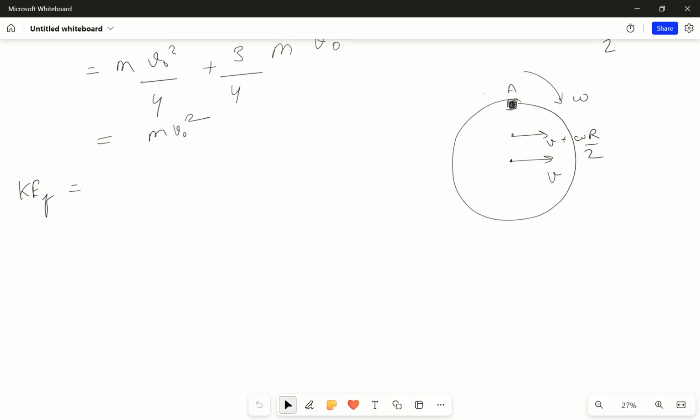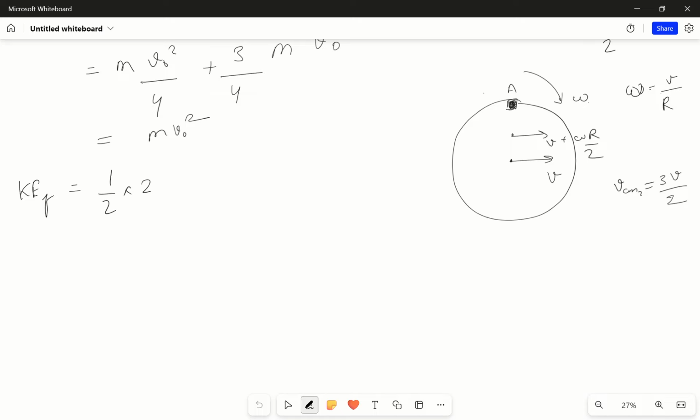So as omega was equal to v by r, it is equal to 3v by 2, right? Yes.